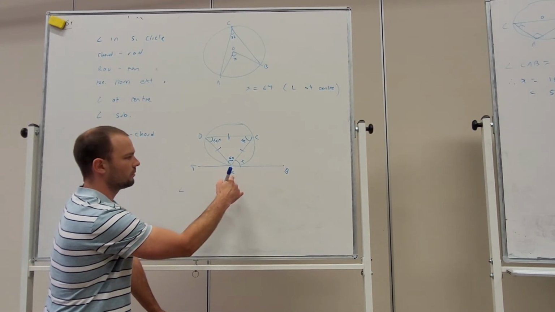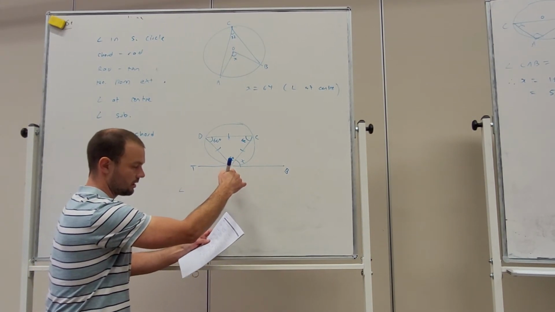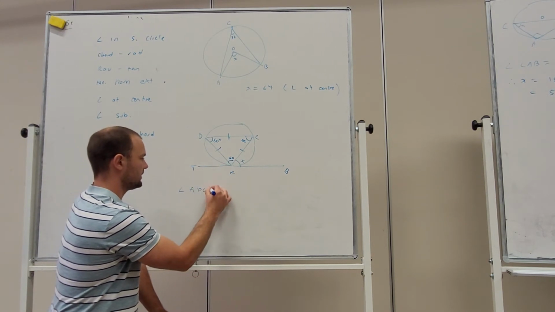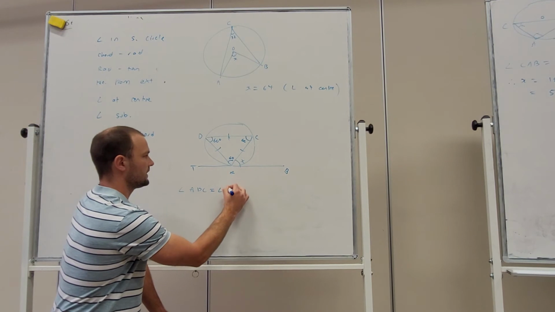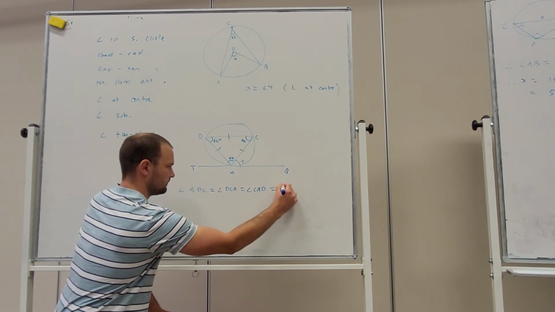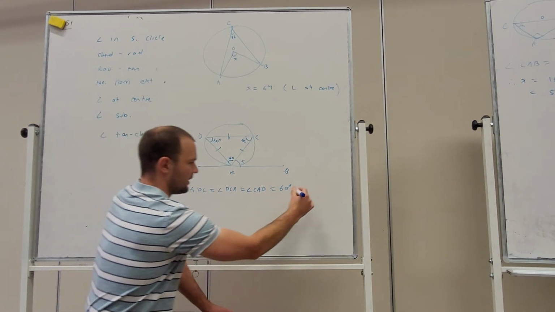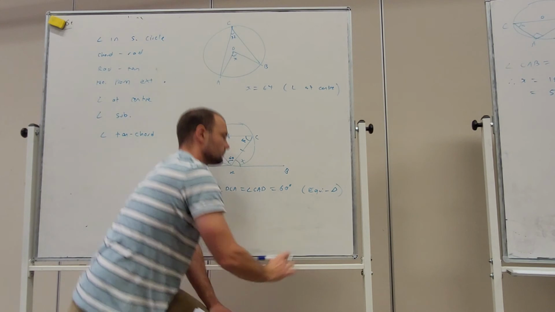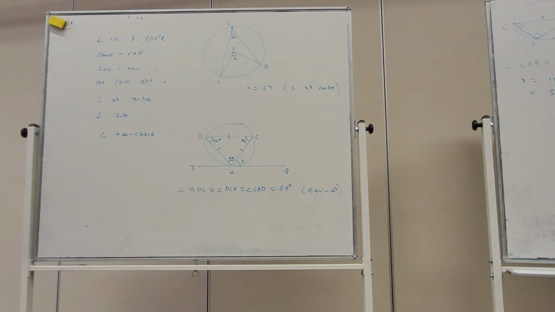Angle ADC equals angle DCA equals angle CAD equals 60 degrees. And in brackets, we'll just put equilateral triangle. That's our justification. That's how we know those angles are 60 degrees.